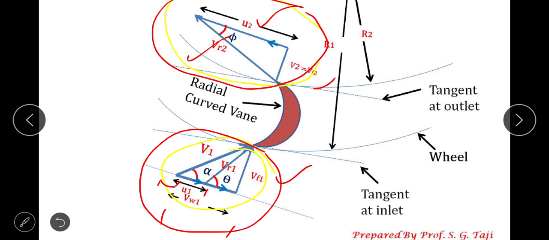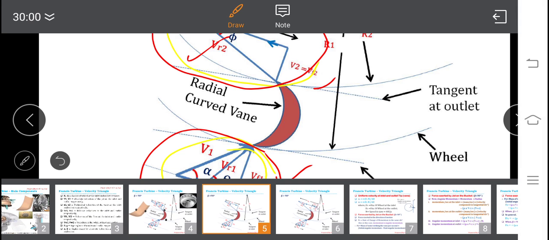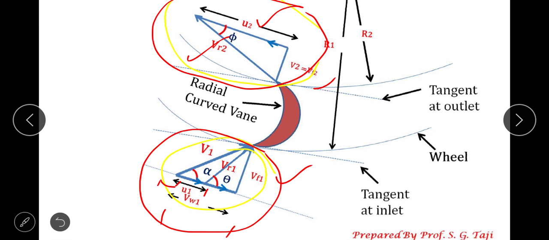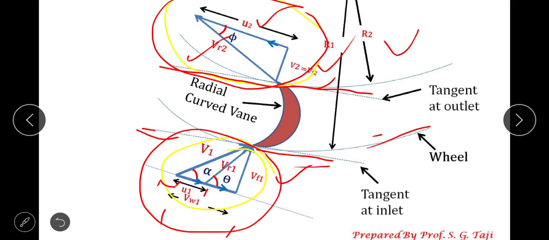Now R1 and R2 are the radius. This is the bucket or wheel. This is the tangent at outlet. This is the tangent at inlet. This line is the tangent to the bucket at inlet. This is the tangent line at the outlet.